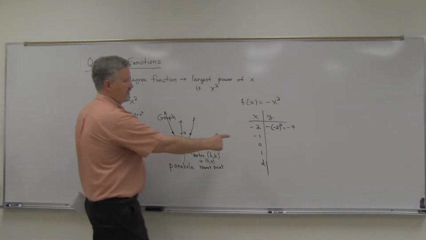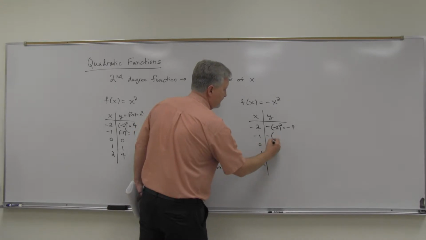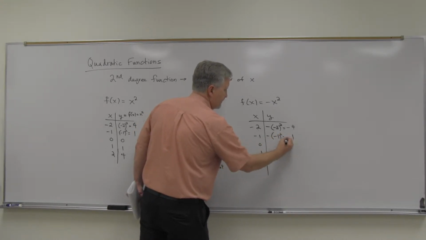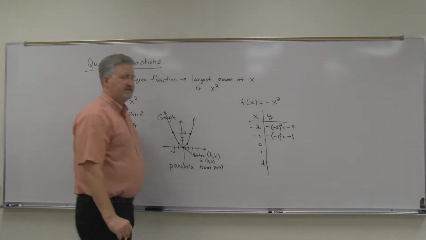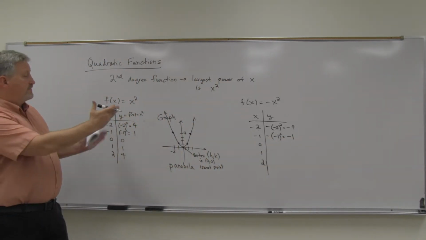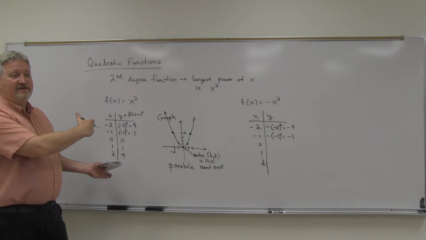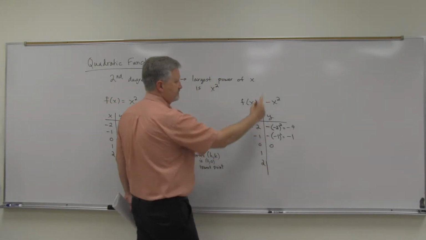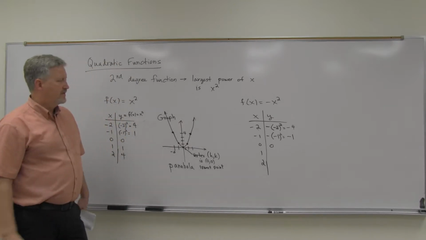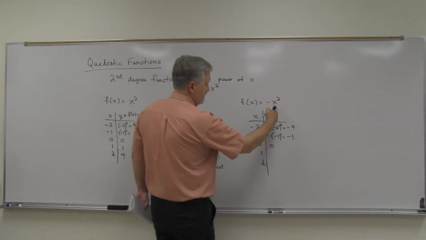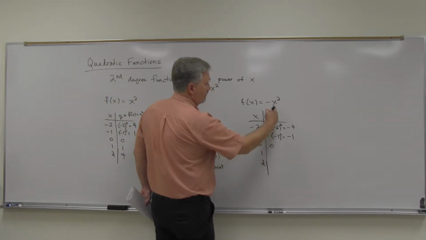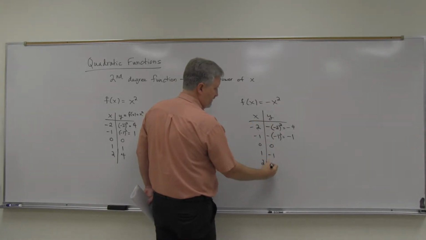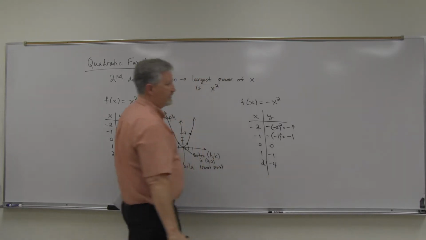And then the same thing on the negative 1. You've got negative, and then you're squaring negative 1, which is 1, but then you've got this negative, so it is a negative 1. So basically what happens is I've changed all the positives over here to negative. Of course, 0 still gives me 0. 0 squared is 0. And again, if I plug in the 1, 1 squared is 1, but then I negate that, so you get a negative 1 there too, and a negative 4 there.